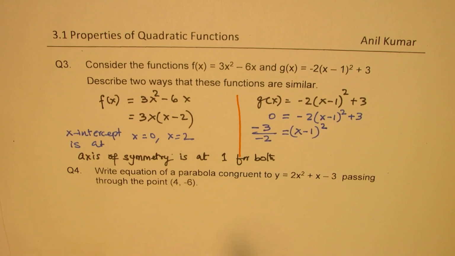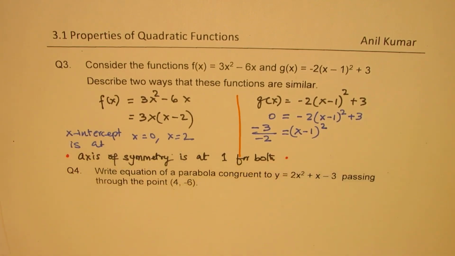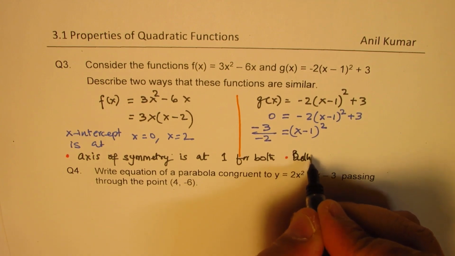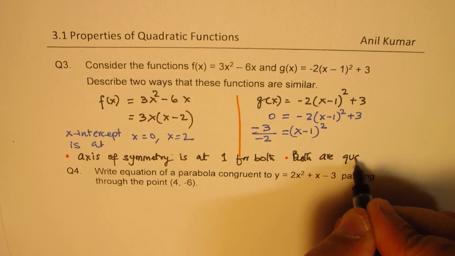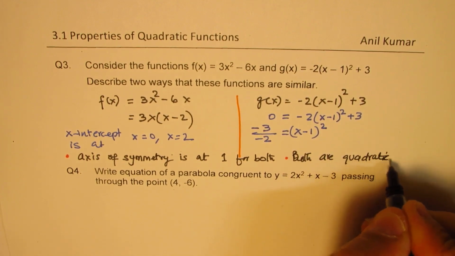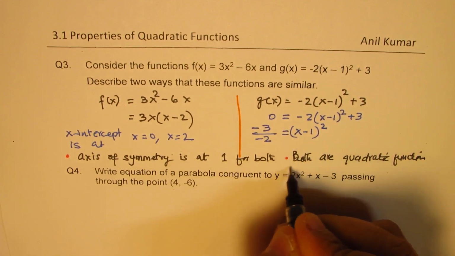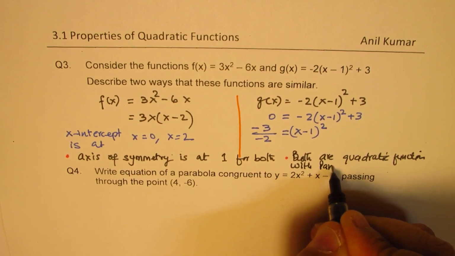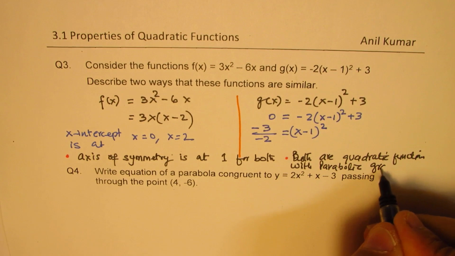So the other thing you can take from this particular discussion is that both are parabolas, right? So both are quadratic functions with a parabolic graph.